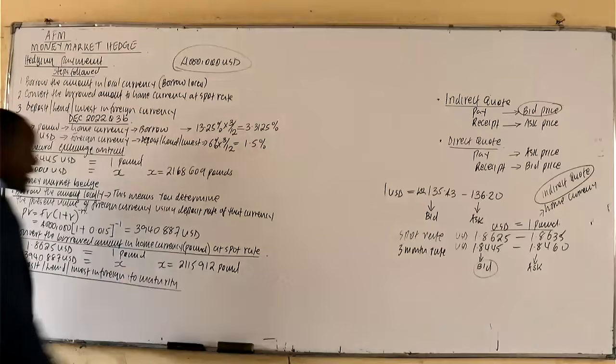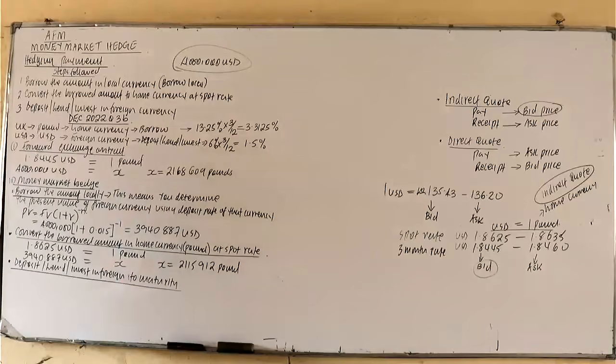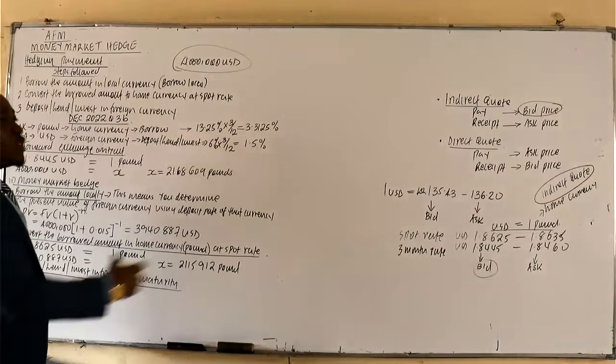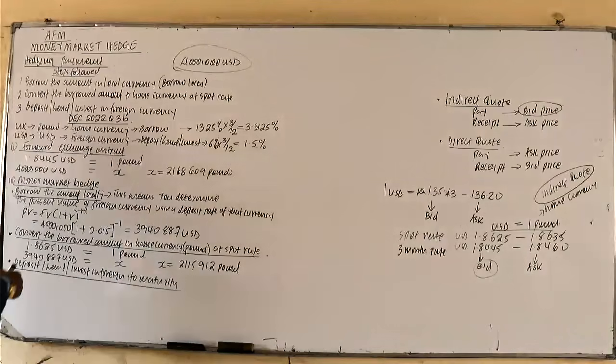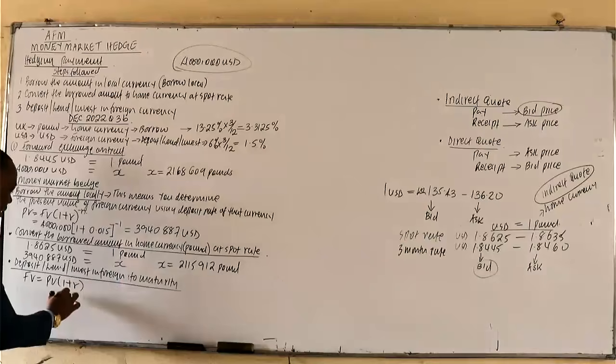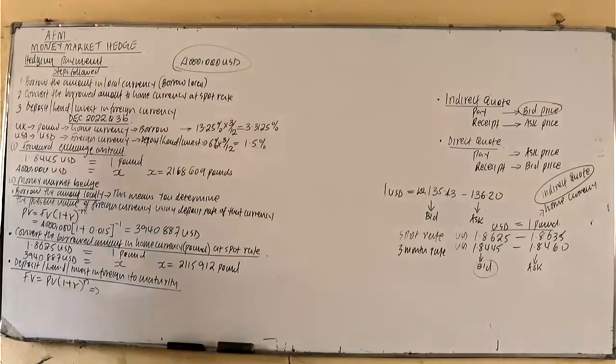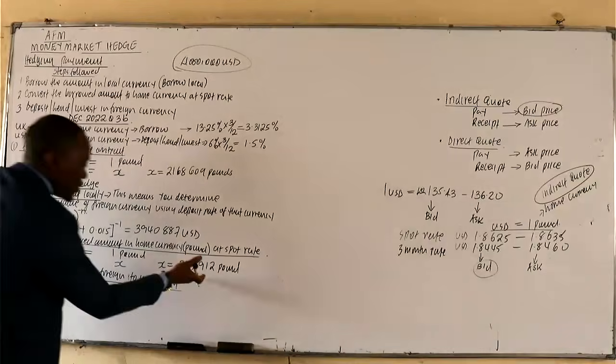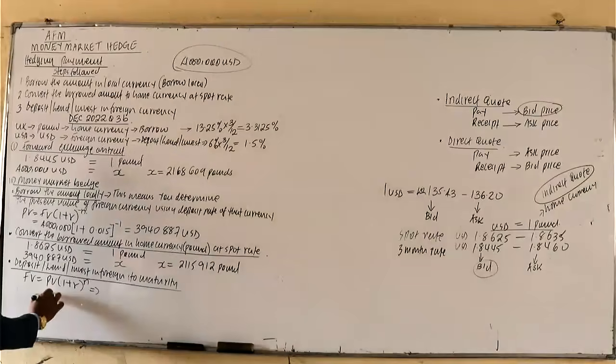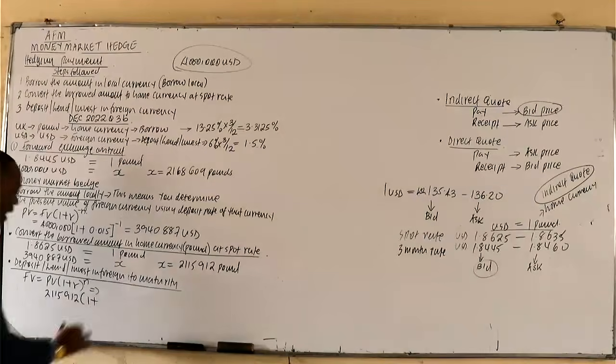That means we need to invest that amount now, so that it matures after 3 months. So how much is the value after 3 months? The future value is the present value times 1 plus r raised to power n. This is what we're investing now, an amount of 21,15,912 times 1 plus r.